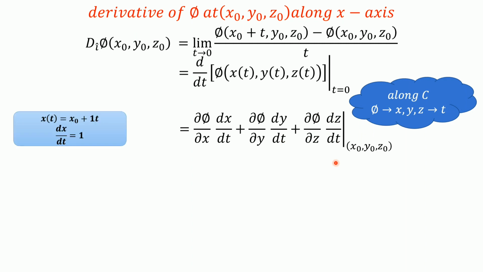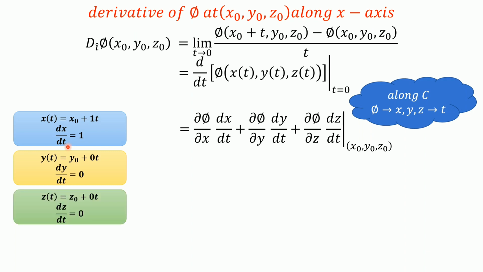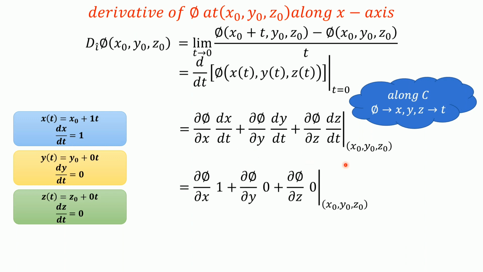Now we already know that x(t) is x naught plus 1t, therefore dx by dt is 1. dy by dt will be 0 because y is y naught plus 0t, and z is z naught plus 0t, so dz by dt is also 0. So this expression reduces to delta phi by delta x into 1 plus delta phi by delta y into 0 plus delta phi by delta z into 0, which is equal to delta phi by delta x only. This is the partial derivative of phi with respect to x.